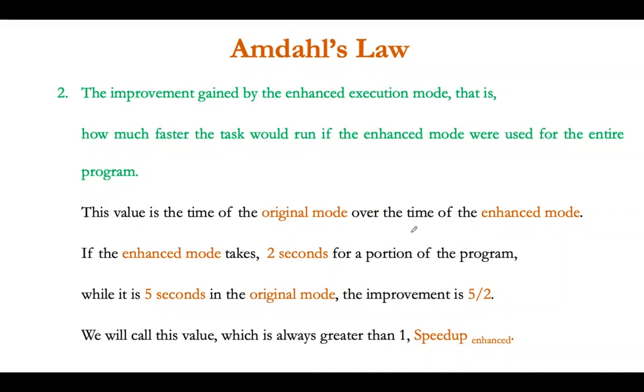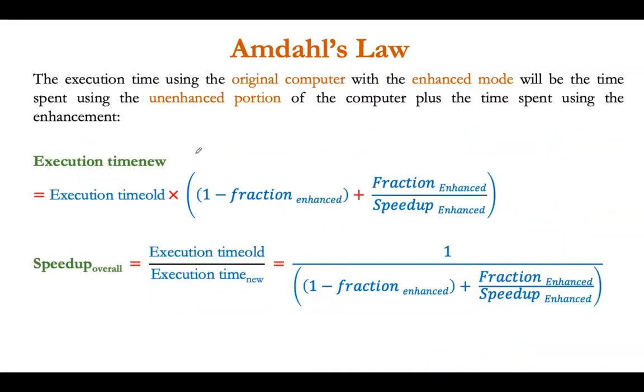So we can write in a formula that the execution time new is equal to the execution time of your old, which is multiplied by the fraction enhanced that we have seen in the previous slide, plus the enhanced execution time, that is fraction enhanced divided by your speed of enhancement.